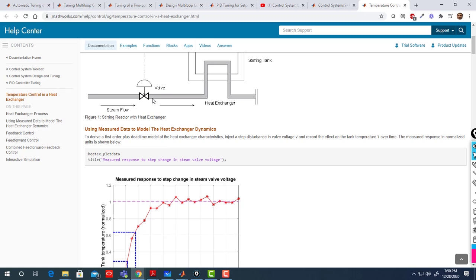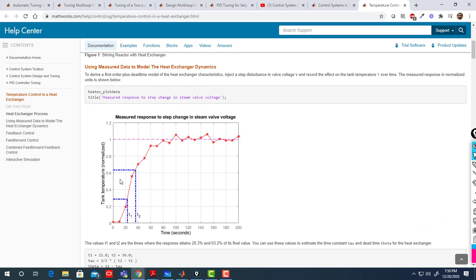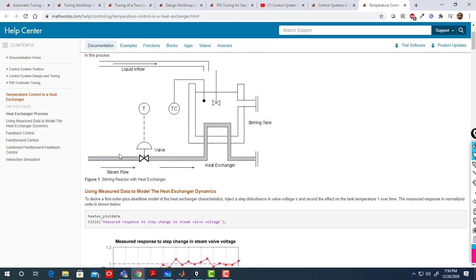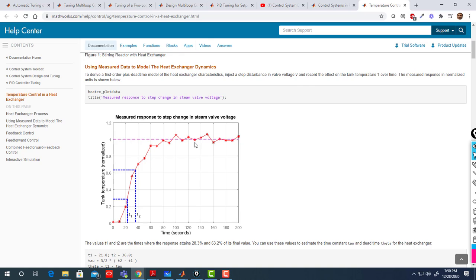So they did a step here, and they looked at the tank temperature, where here they normalized it. For a step voltage input, they looked at the tank temperature, measured those values, and based on these values they tried to identify the system and get the transfer function.